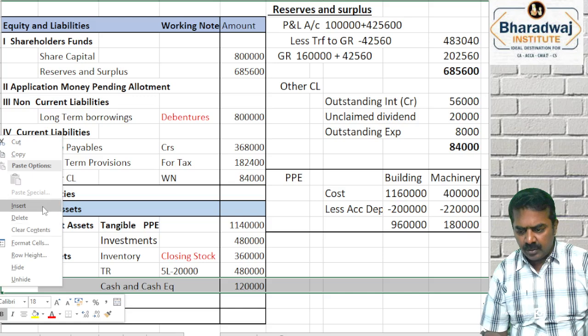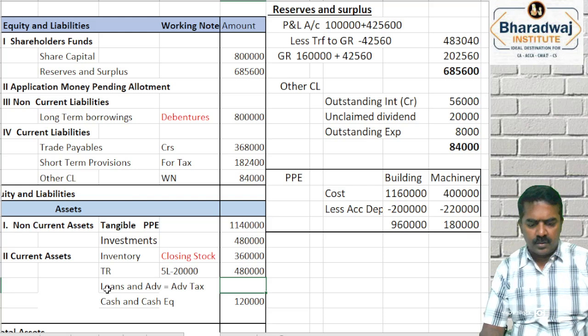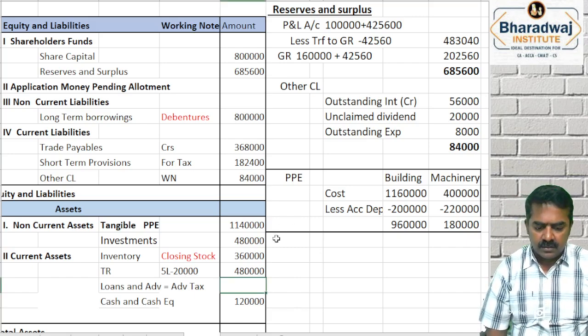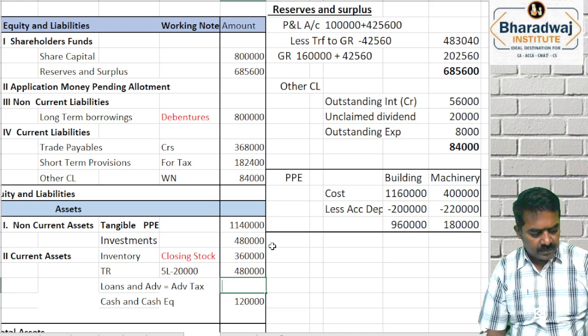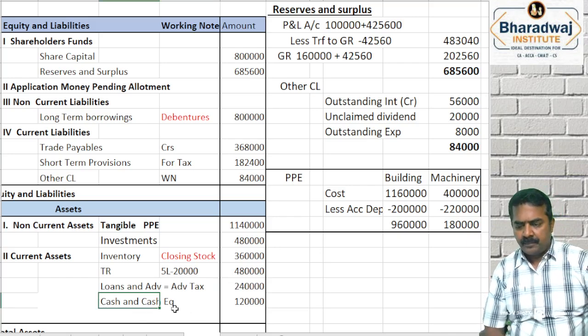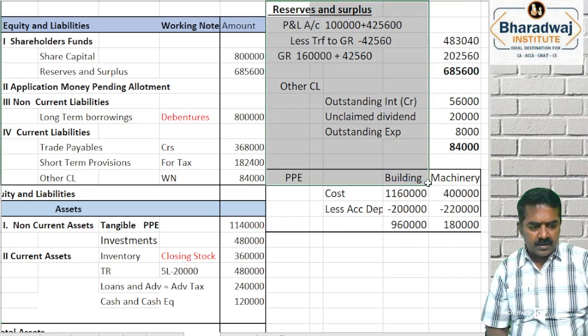One more line item you have to include: loans and advances, the advance tax. How much advance tax has been paid? 2,40,000, sir. Is there any prepaid expense? Check if there is any prepaid.